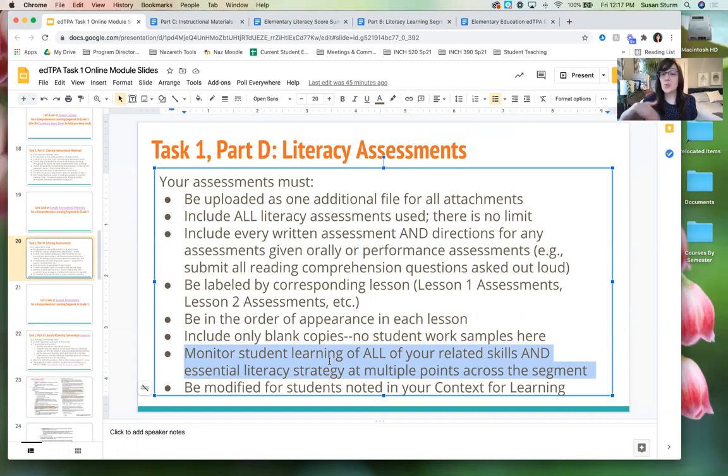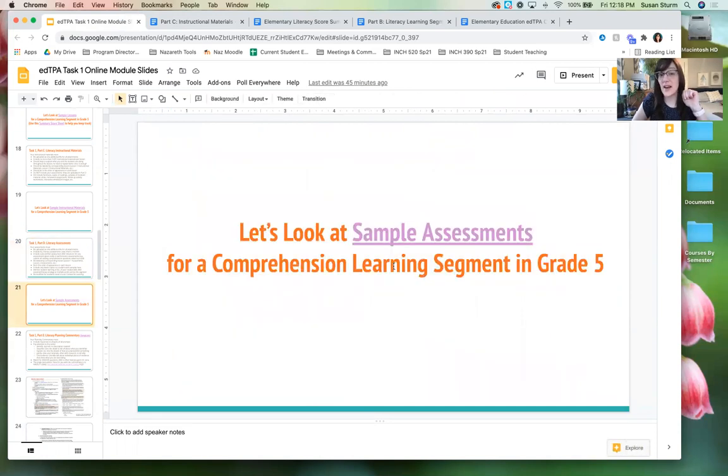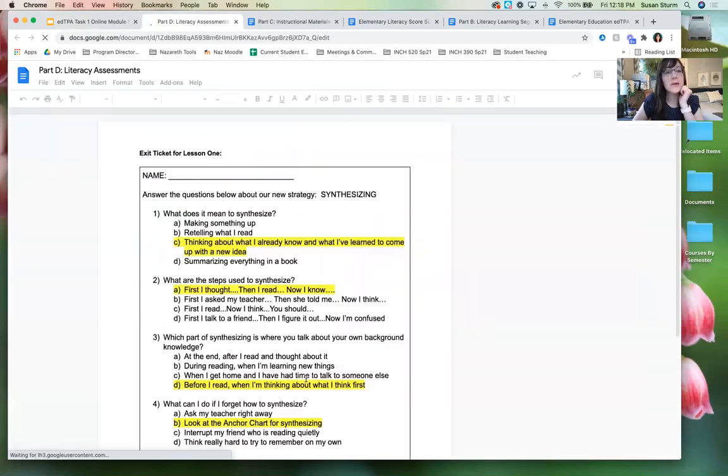So can they do all of the things that you are setting out to teach them, the strategy and the skills? That's why we had you write your rubrics the way that we did in this class, which included the strategy and the skills broken down. And anyone that gets a modified assessment, you should have a modified assessment attached in your literacy assessment. So we should see that for the sample student, because we know she has students with needs.